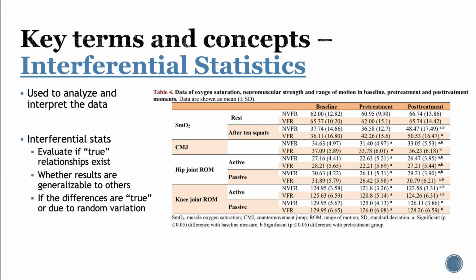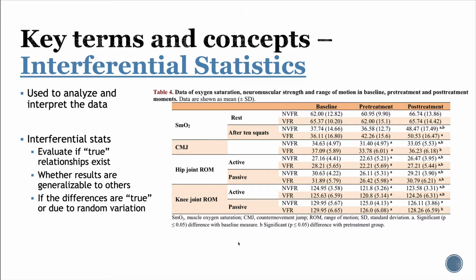So these inferential statistics, what do they really mean? Let's take a look at this example here. This is the article we read in week 1, where they took subjects, remember, and had them do a delayed onset muscle soreness, eccentric workout to cause this delayed onset muscle soreness.